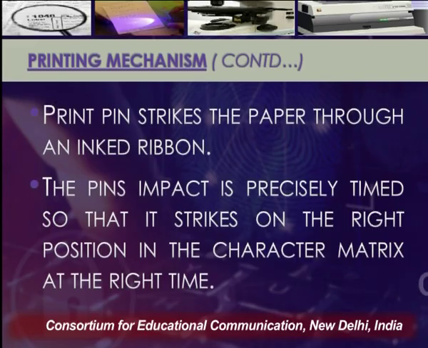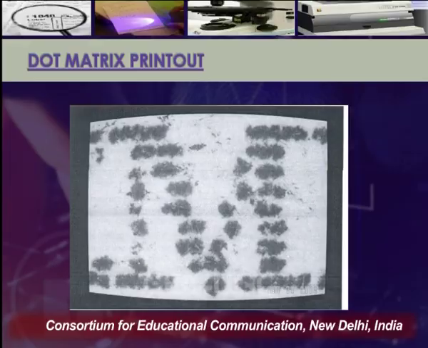When we talk about the various characteristics of the dot matrix printer, the dot matrix printout, as the name suggests, is made up of various dots. You can see in the image how the various dots have made the letter M. Various dots will strike at different positions and a particular letter will be formed.